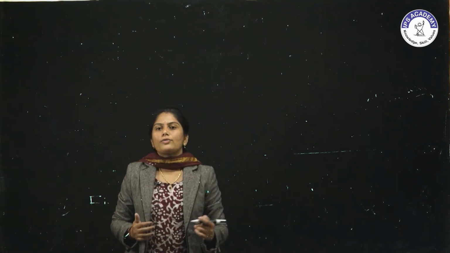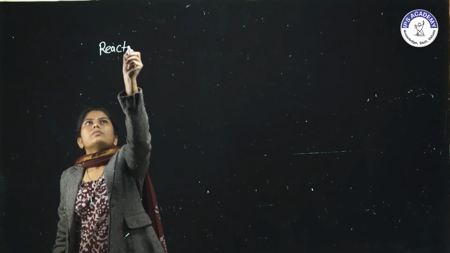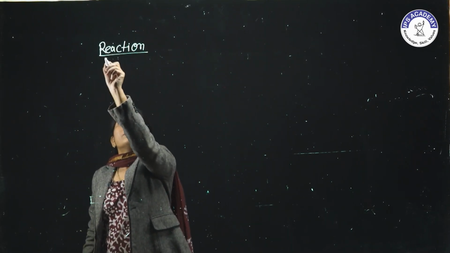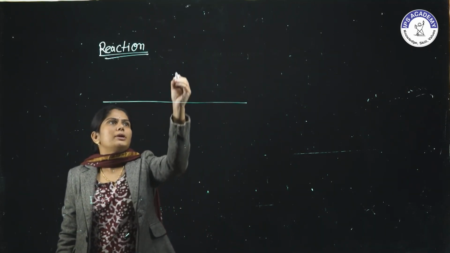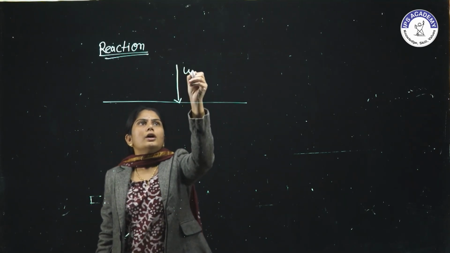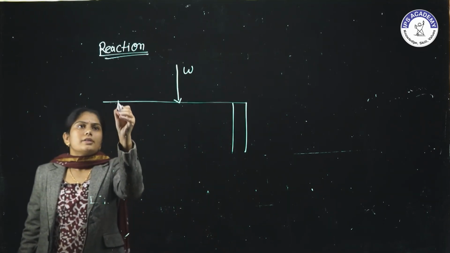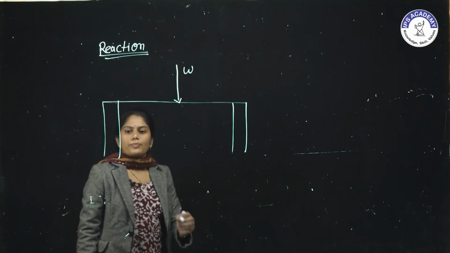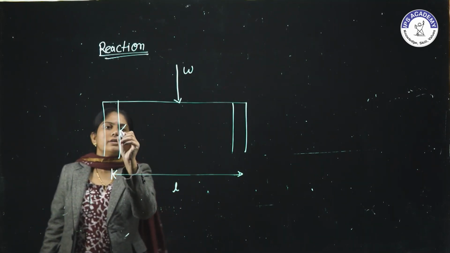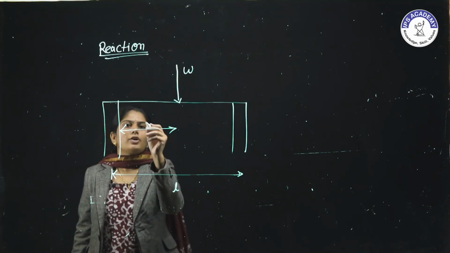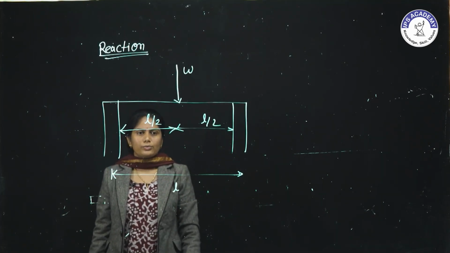Now, calculation of support reactions. For example, this is the beam and W load acts on it. These are the supports. Length is L and W load is acting at the center, L by 2, L by 2.